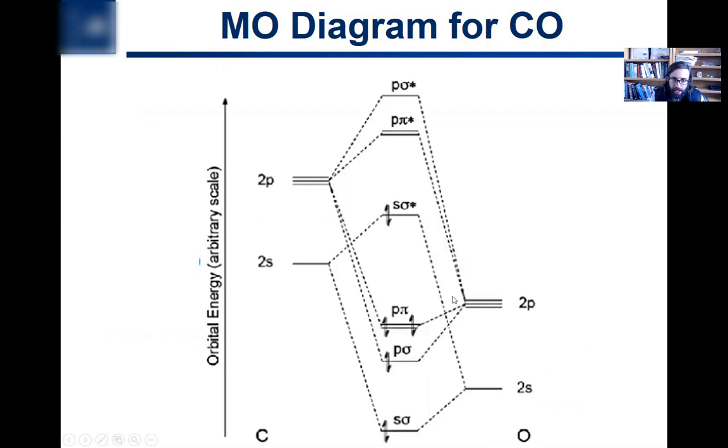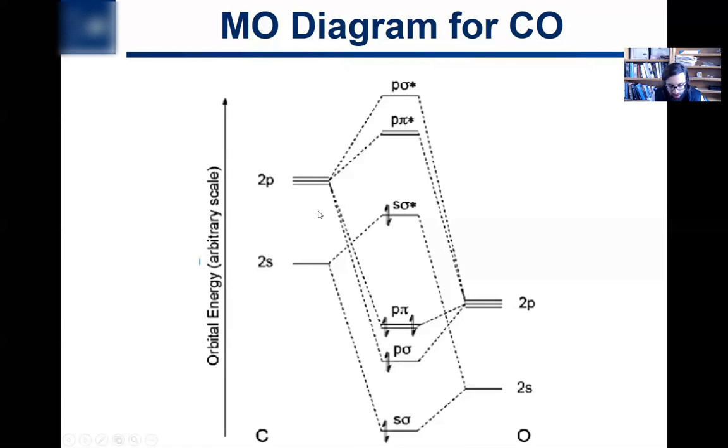And what ends up happening is you get the same sort of general shapes of the molecular orbitals, but because the oxygen atomic orbitals are lower in energy, the energies of the bonding orbitals are closer in energy to the oxygen atomic orbitals, and the energies of the antibonding molecular orbitals are closer in energy to the carbon atomic orbitals.